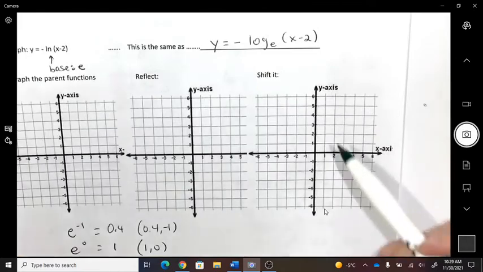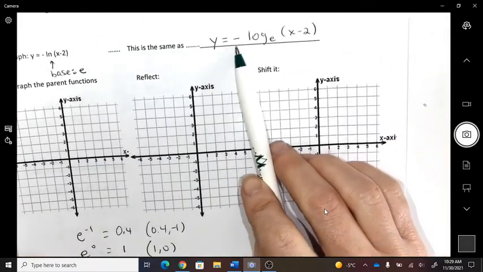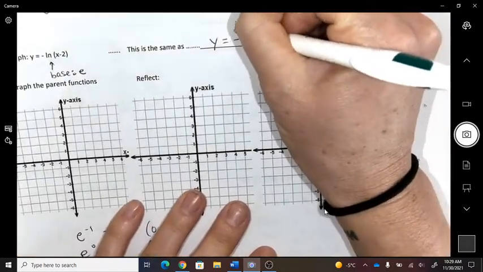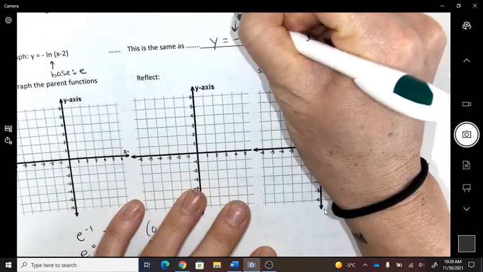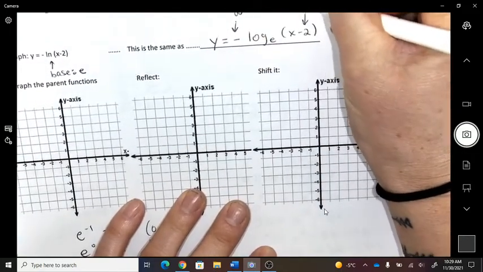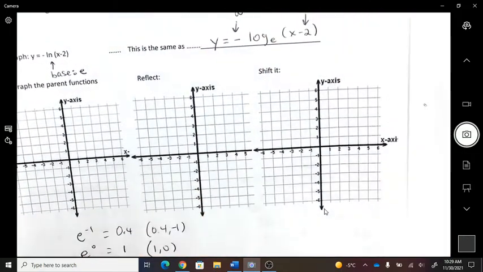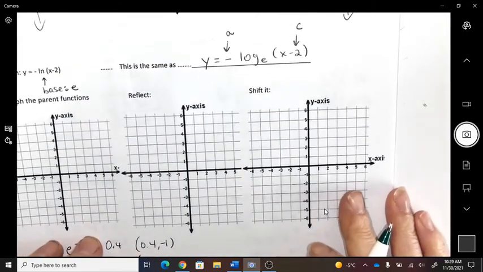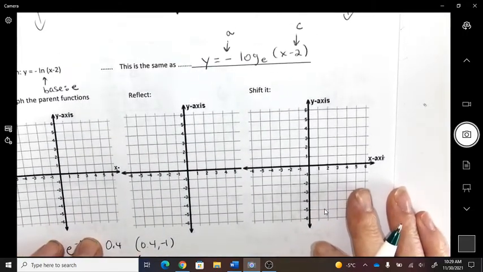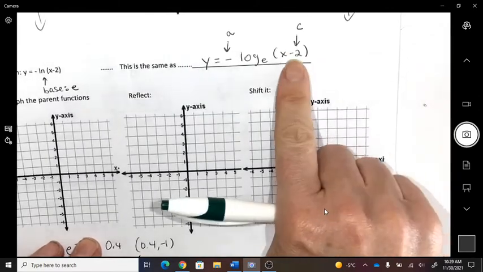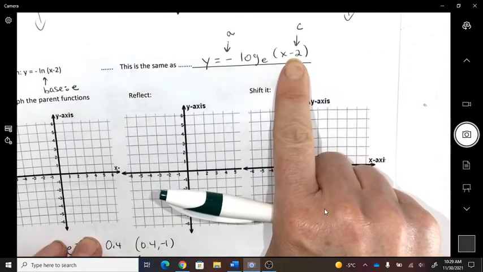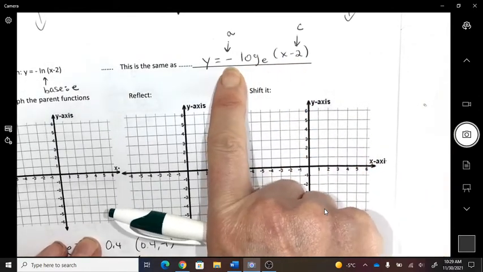Now, what do I have going on with my transformations? This is a A and this is a C. So I'm going to go x plus 2 and negative y.